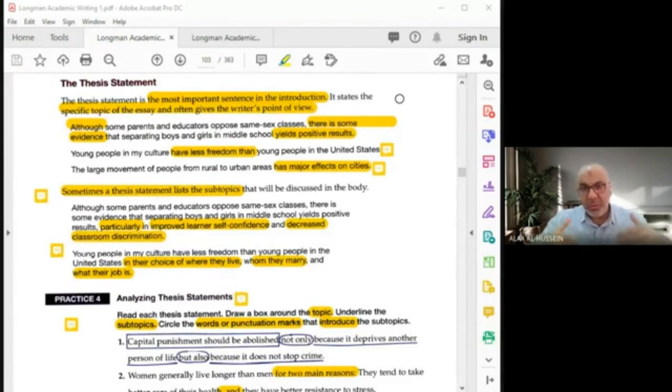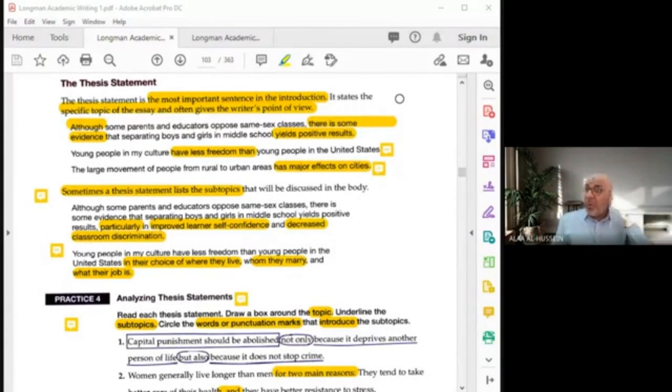So when we write an essay, we have to place this type of sentence in the introduction, specifically at the end of the introductory paragraph. The last sentence of the introductory paragraph should be the thesis statement, after giving general background.